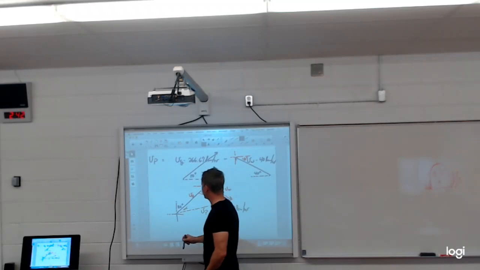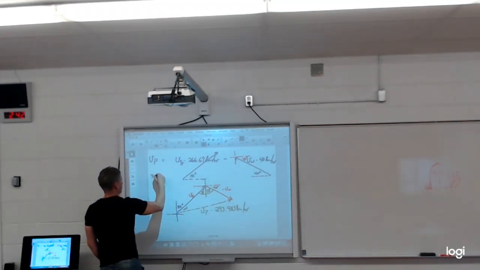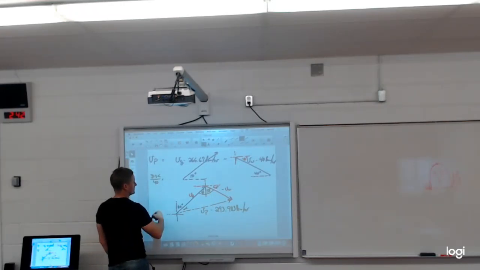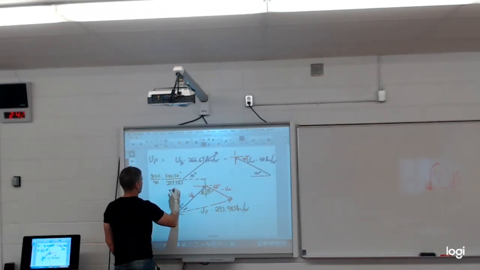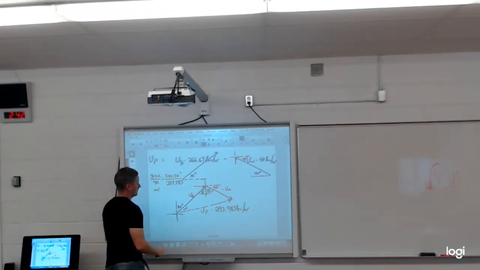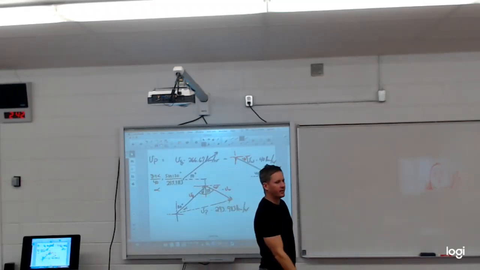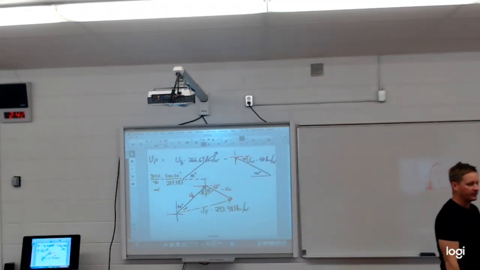Now I'm going to get this angle here. So I have sine alpha over 40 is equal to sine 130 over 293.983. We have to talk about that angle once you find it, so find that angle first.